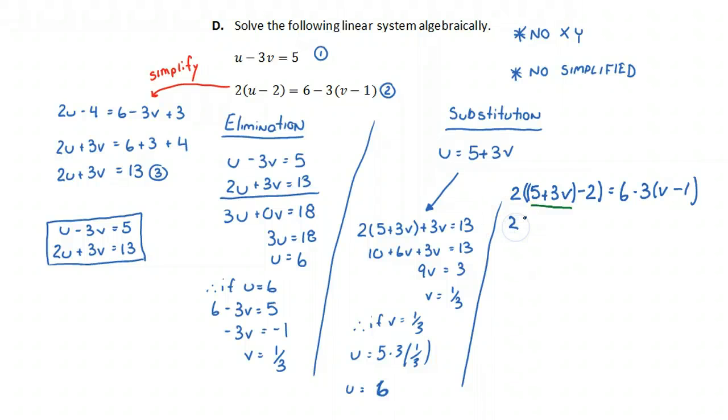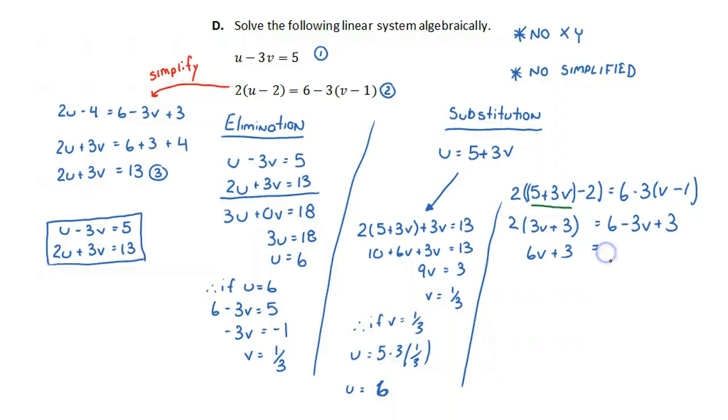So we're just going to say 2 times 5 plus 3v minus 2, so we're going to get 3v plus 3 equals 6 minus 3v. Remember, distribute this negative 3 in, so we get plus 3. So we get 6v plus 3, distributing the 2 in, is equal to 6.